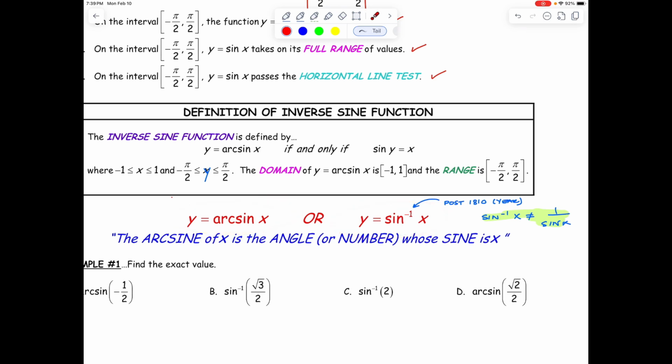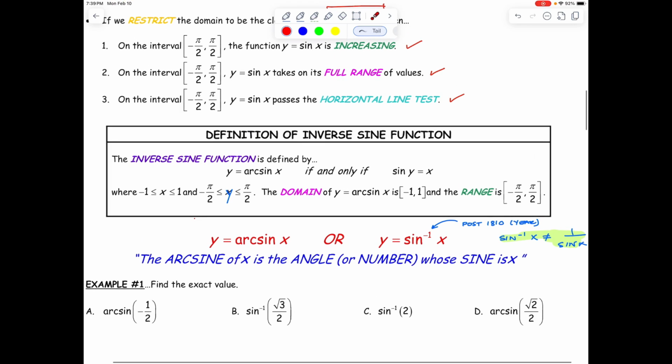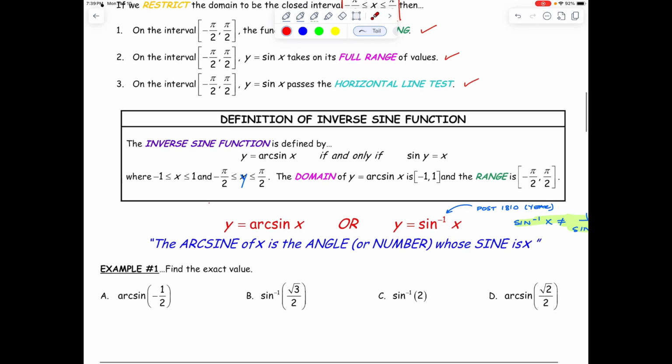And the function inputs, what's interesting about this, when you're doing an inverse, your outputs become inputs, the inputs become outputs. So normally we put an angle in the function, and then we get the exact values from -1 to 1. This is going to be in reverse.